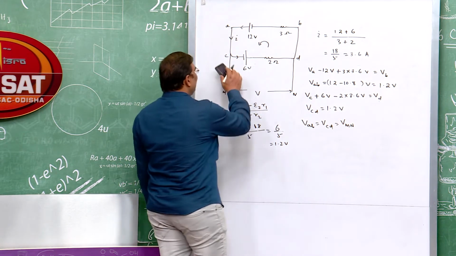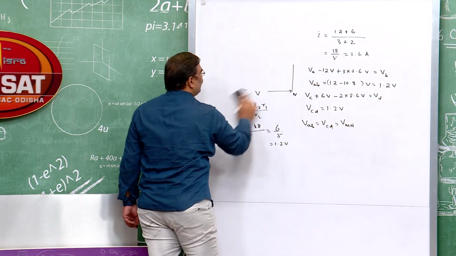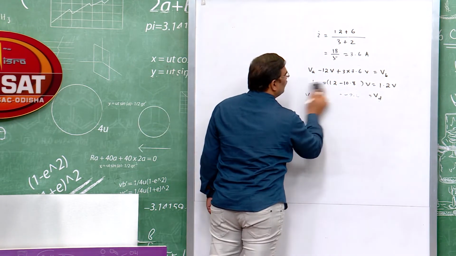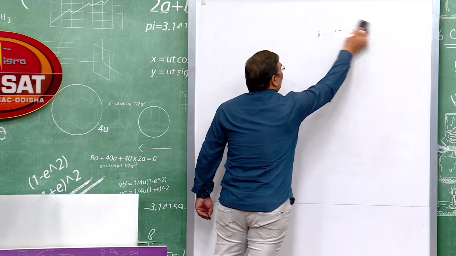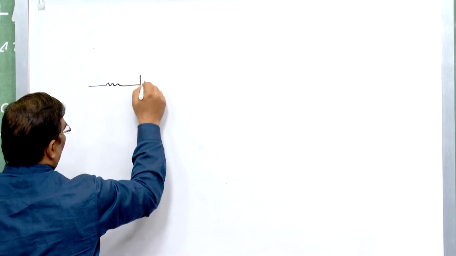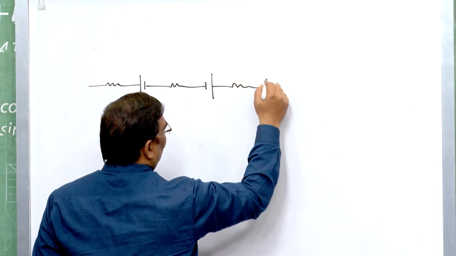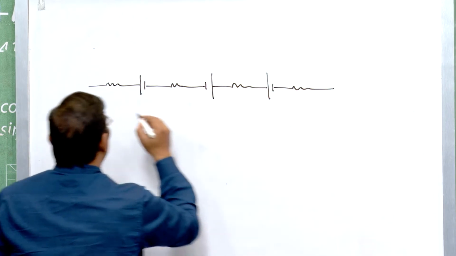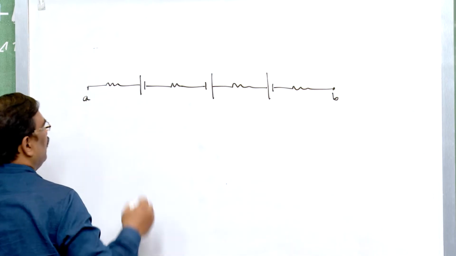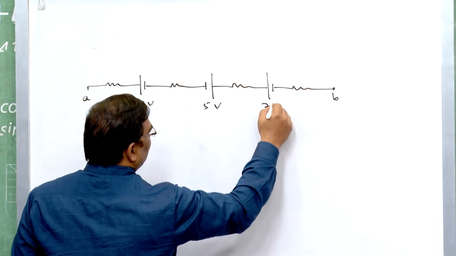Now, let us consider another small network, a linear network. Suppose in a linear network of resistors and cells, what is the potential difference? Suppose I have a combination of this is my point A and this is my point B, and this is suppose 10 volt, this is 5 volt and this is 7 volt.